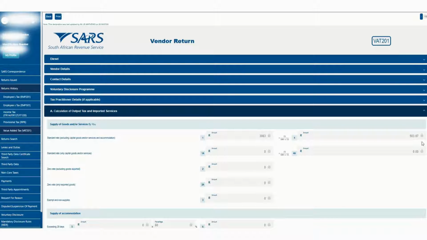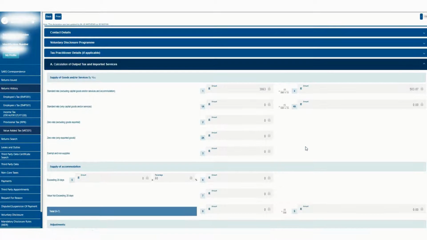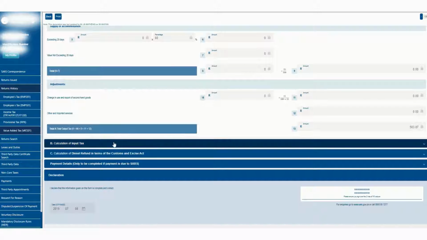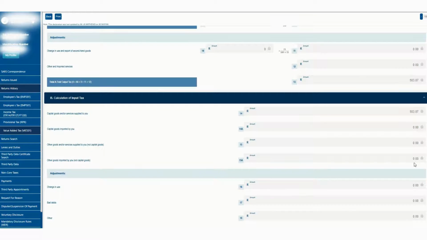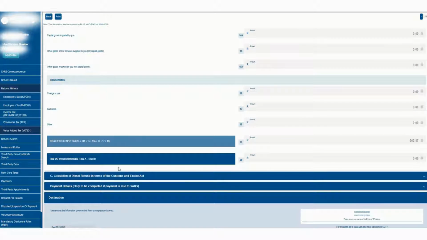And now we take out the VAT figure, which is 503, and then I've placed my input tax, which is 503, exactly the same. And it's because I've carried over some VAT input into there, so it cancels out. So the net effect then is 0.